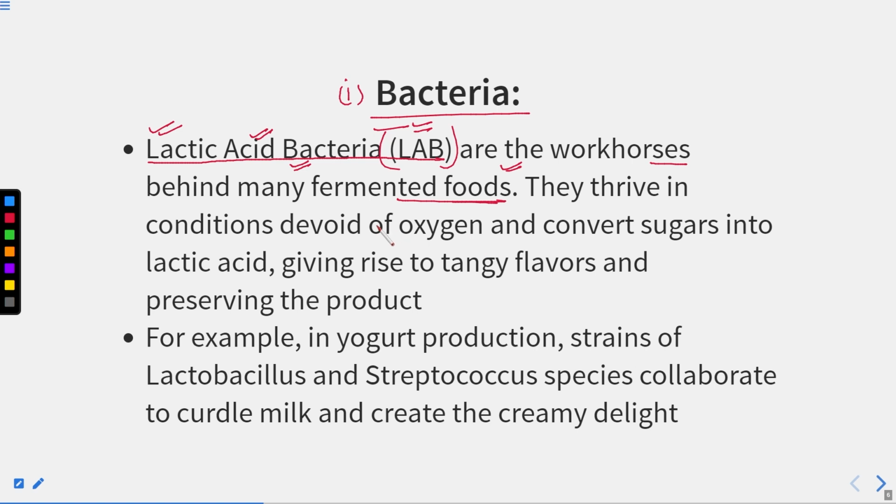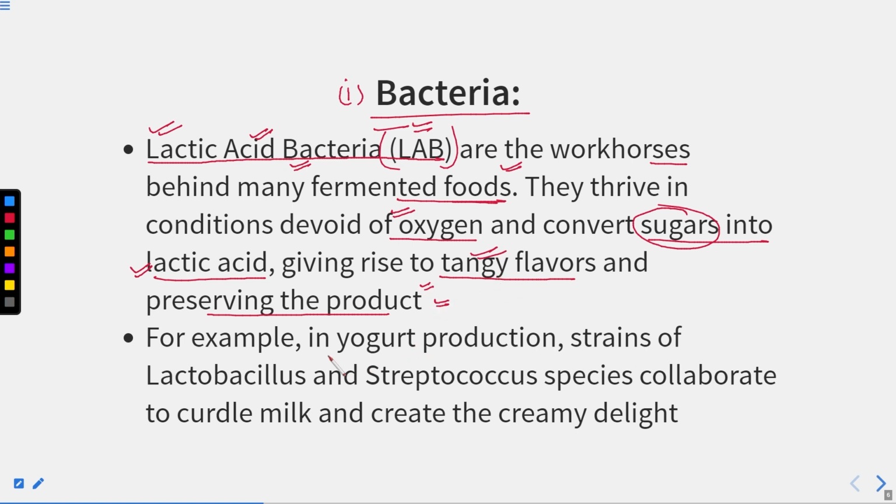They thrive in conditions devoid of oxygen and convert sugar into lactic acid, giving rise to tangy flavors and preserving the products. So the sugar is converted into lactic acid, and they do not require any oxygen. They are anaerobic bacteria, and they give rise to tangy flavors and preserve the products.